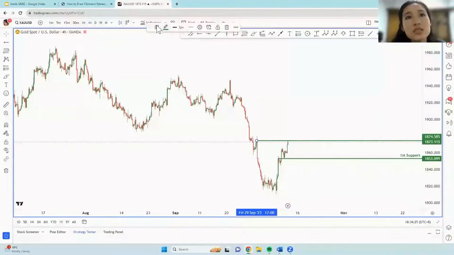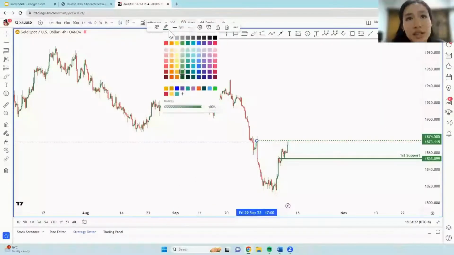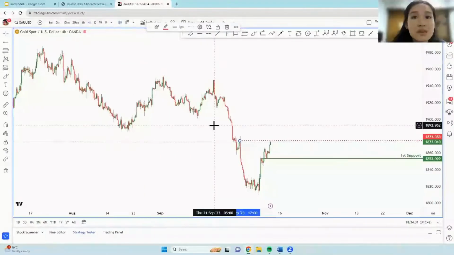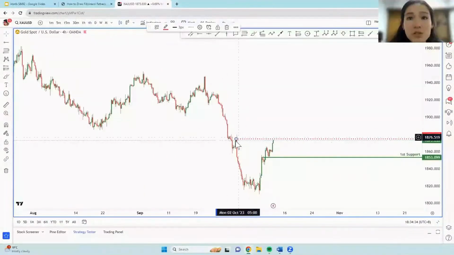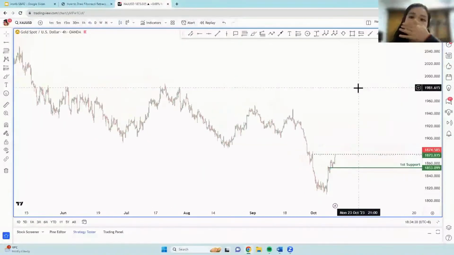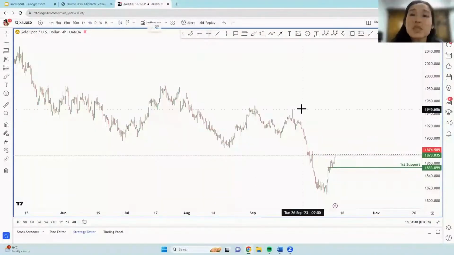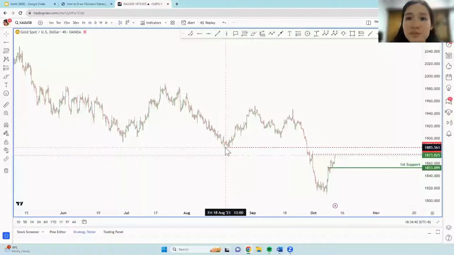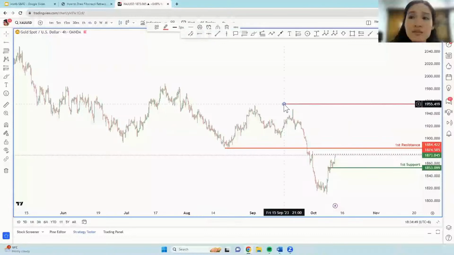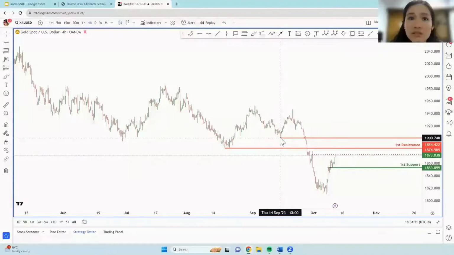I'm just going to make this a dotted line because price is super close to this level, but I want to highlight it because of this swing high here. And then a resistance here. And here.